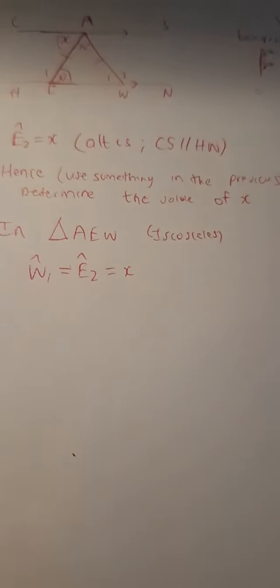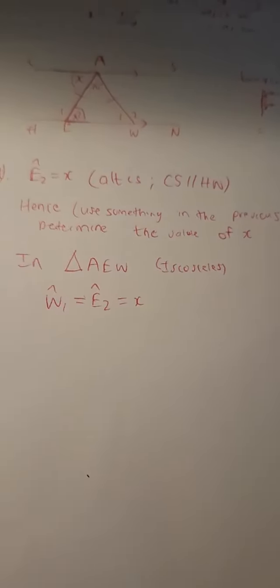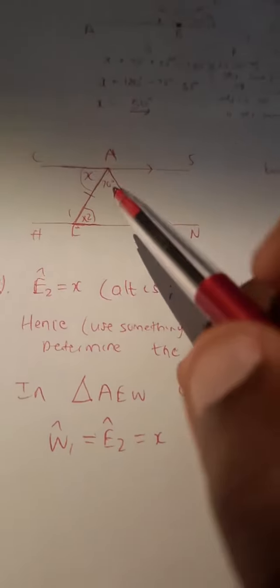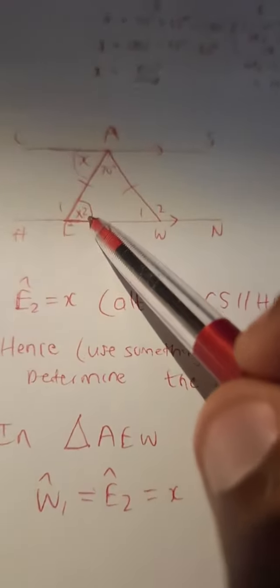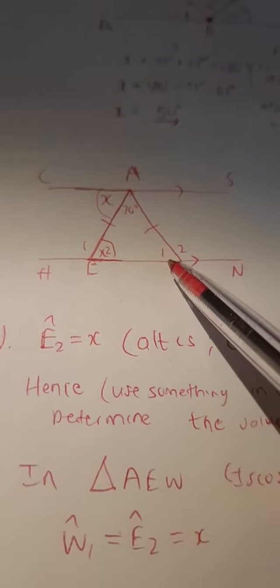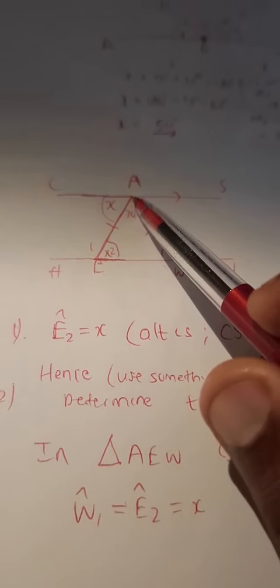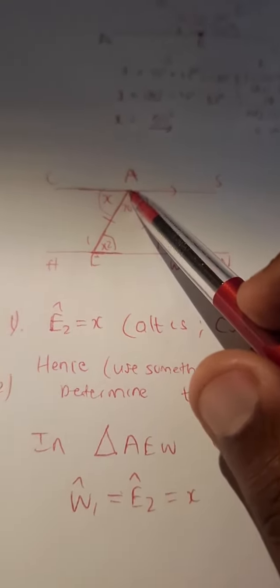But Miss Zim, we say base angles are equal. The reality is that yes, Miss Zim, angle E2 and angle W1 are the base angles of the isosceles triangle. I agree with you fully and completely.